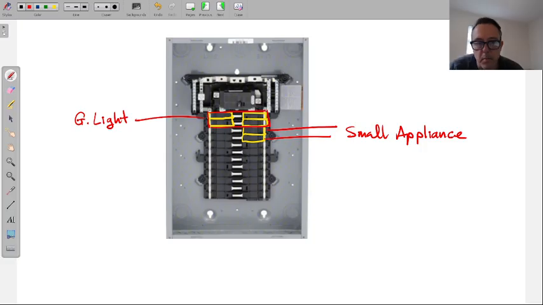Now, these 2 small appliances, while the general lighting could be 15 or 20 amp, these here have to be 20 amp. What they mean by small appliance is another unknown. That's why it's the next one, because it's the other one that we don't really know. Same thing with the laundry circuit. We'll get to it. But a small appliance is an unknown.